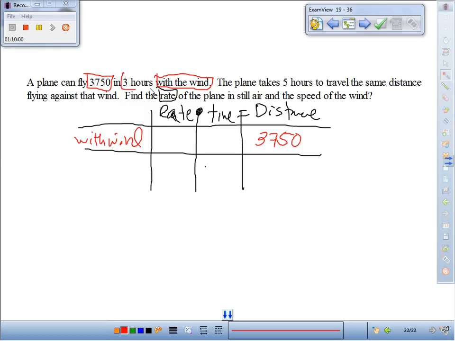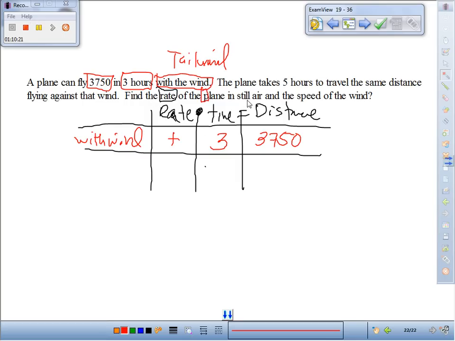How long does it take for the trip with the wind? 3 hours. So now check this out. With wind is the same thing as tailwind. Tailwind, what does that mean? Does that increase or decrease your rate? Increase, so we write a plus. And what are we talking about?